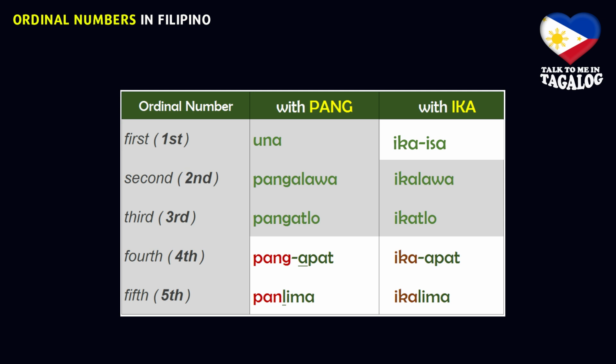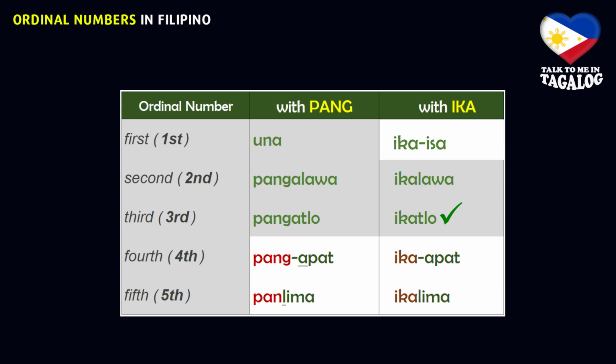Let's now take a look at the prefix ika. The ordinal number first is ika-isa. Please note that if you're writing this for time or date, always use a hyphen to separate ika and the number as shown on your screen. Next is an irregular formation because instead of ikadalawa, we say ikalawa, second.